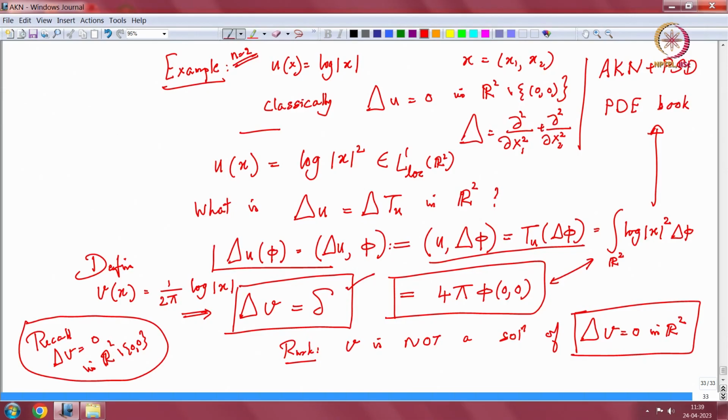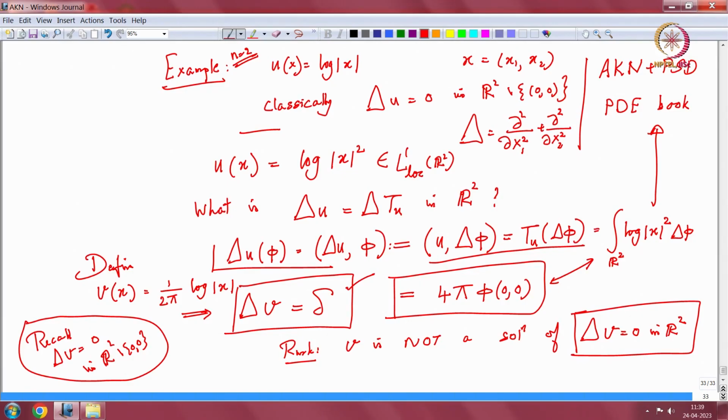So, you may try to reject it as not a solution, but if you have studied our book or any other book on that matter, you see that using this you can actually produce solutions to Laplacian V equal to F in general.